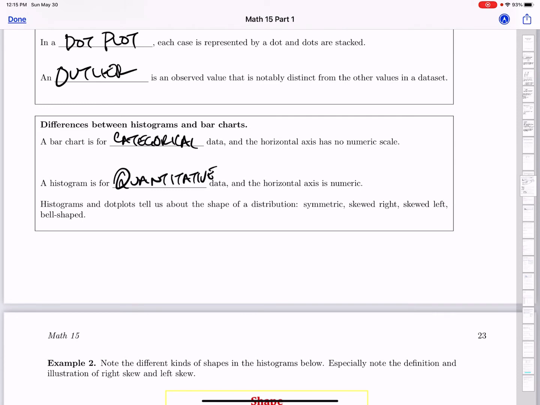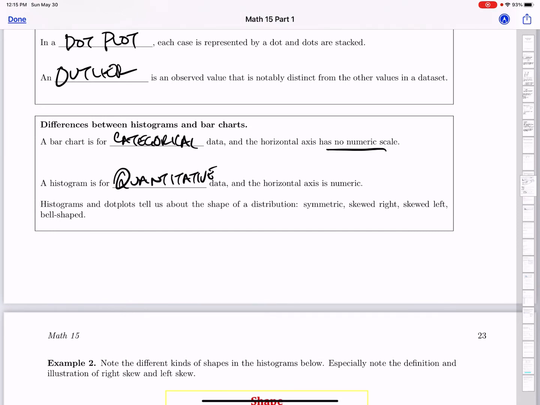Remember, when we're doing a bar chart, there's no numeric scale on the bottom. We just list the categories in any order we feel like, and it's fine. But in a histogram, it's quantitative, so the horizontal axis is numeric, which means there's an inherent order to the values. It's valued according to the usual way that numbers are valued.